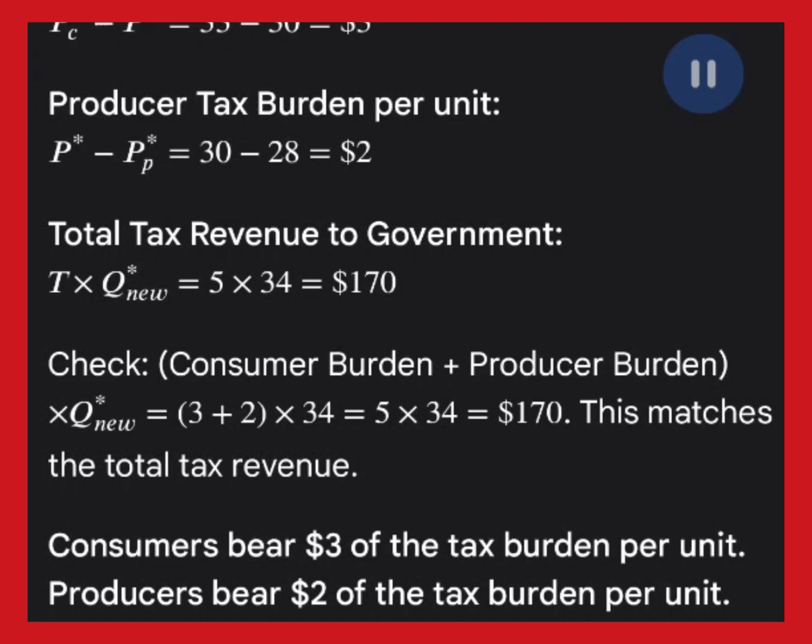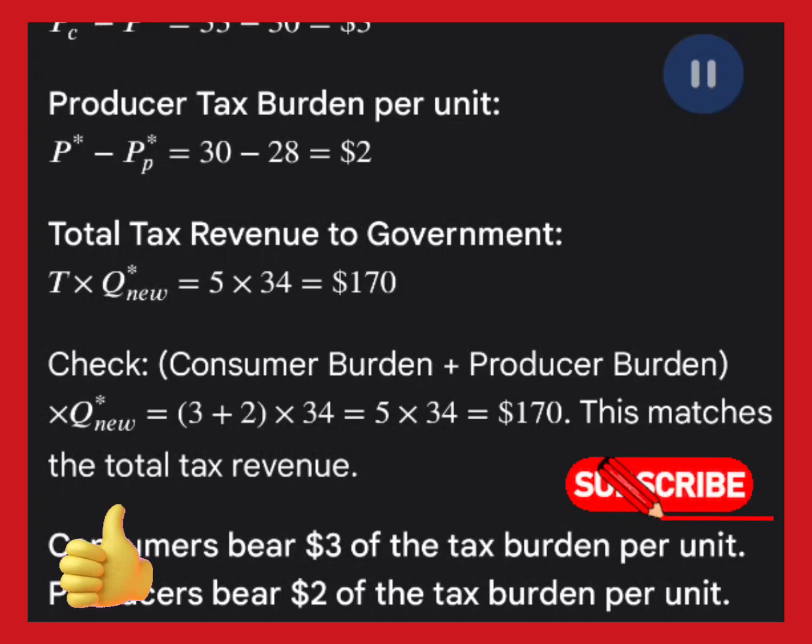Check. (Consumer burden + producer burden) × Q_new = (3 + 2) × 34 = 5 × 34 = $170. This matches the total tax revenue. Consumers bear $3 of the tax burden per unit. Producers bear $2 of the tax burden per unit.